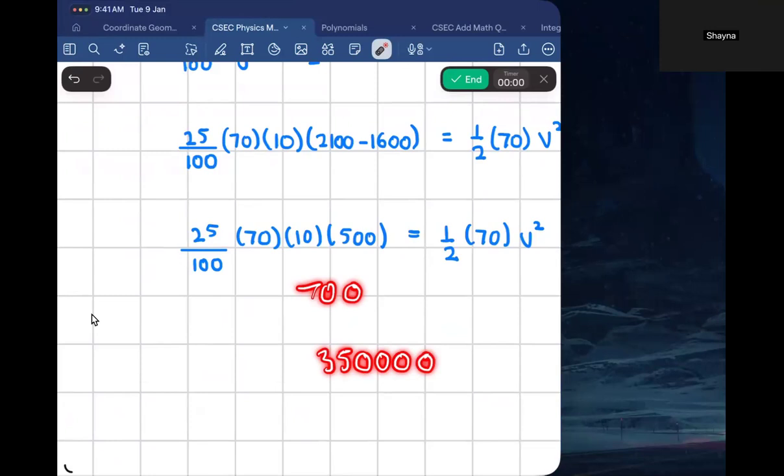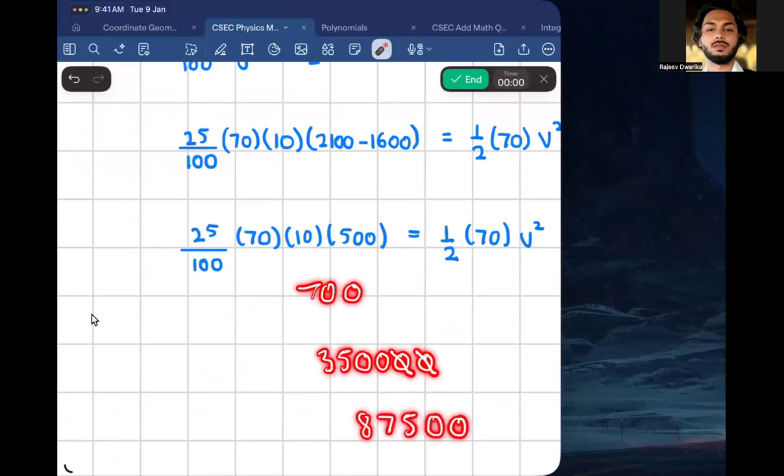And then you would divide that by 100, so cancel off this, and then multiply that by 25. If I multiply 25 by 35, 875. So like 875 zero zero.